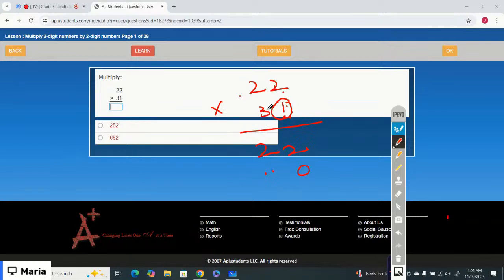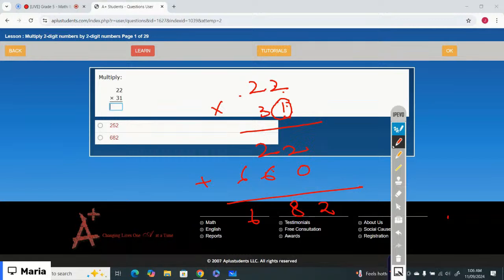You have to do 3 times 2, that is 6. Then again 3 times 2, that is 6. You can now simply add: 2 plus 0 is 2, 6 plus 2 is 8, and 6, that is 682. The correct option is option number 2, that is 682. Got it? Any question?